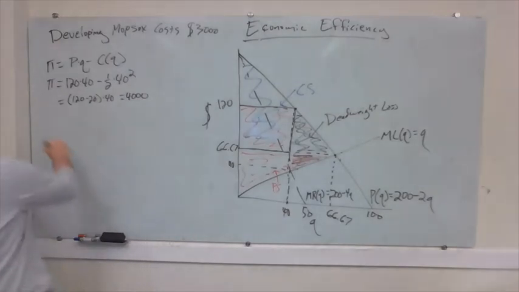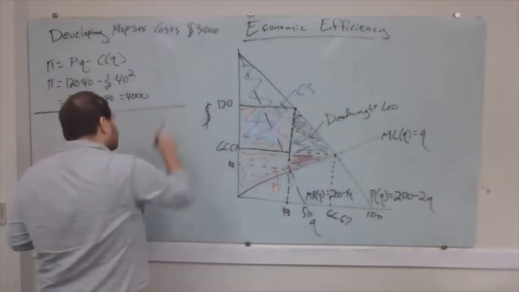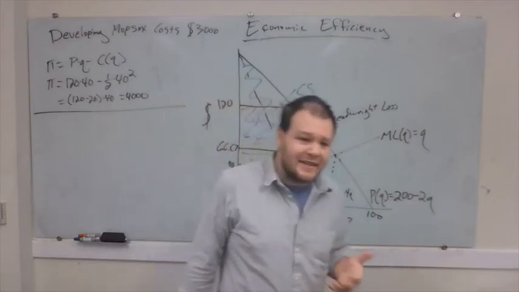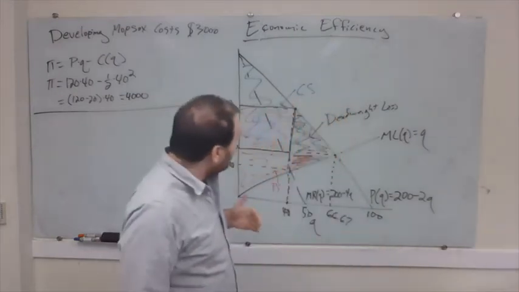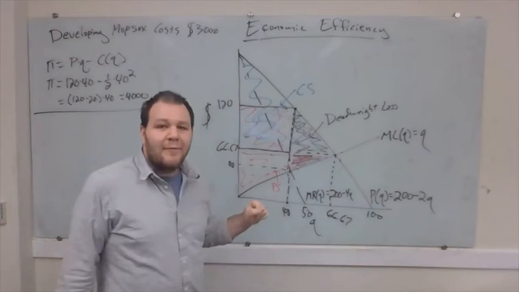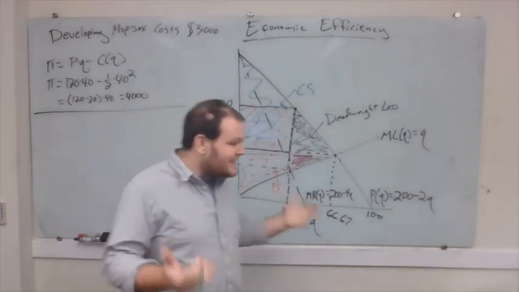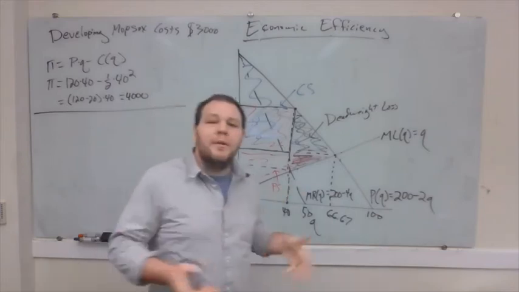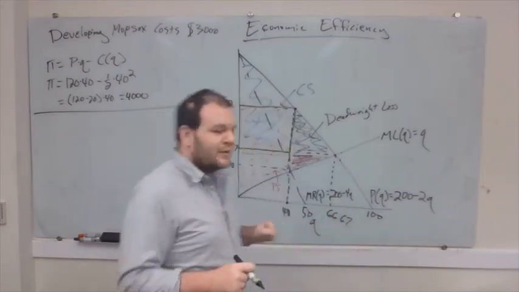Great. Now let's say it costs $3,000 to come up with the mop sock as an idea, but it only costs $100 to knock it off once it exists. Once you can see how a mop sock is produced, once you know the materials, setting up your mop sock making factory is really pretty straightforward.